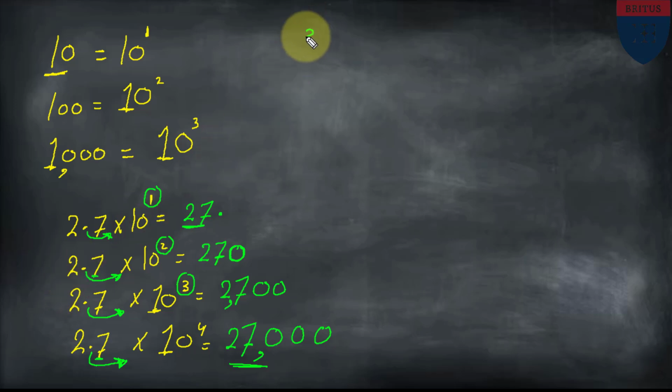How can we evaluate 3 over 8 raised to the power 3? You can read it as 3 over 8 cubed. It equals what? It means 3 over 8 times 3 over 8 times 3 over 8. Now you have to repeat 3 over 8 three times.